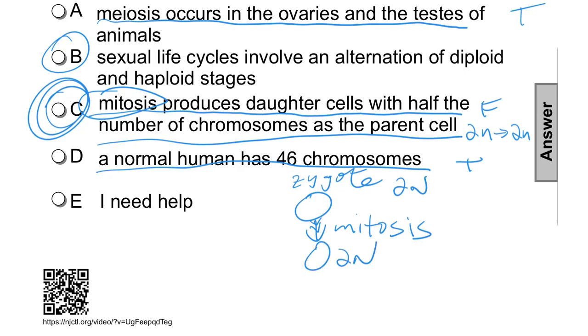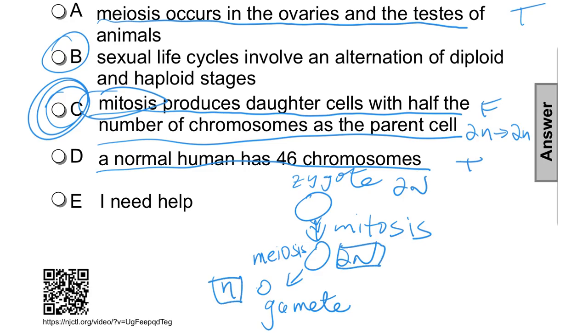Many times over. Now, some of those 2N cells in the ovaries and testes will do meiosis to form eventually a gamete, which is haploid, as opposed to diploid.